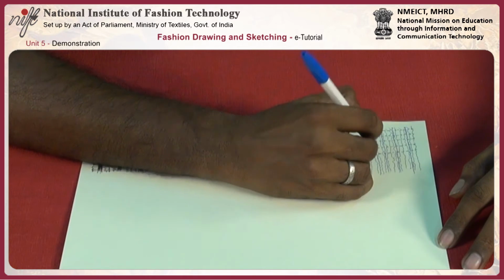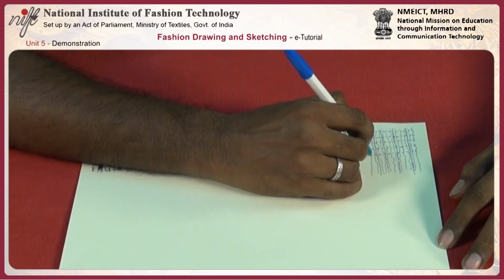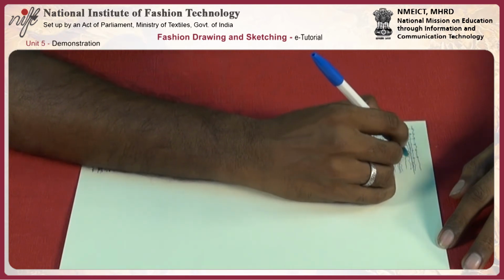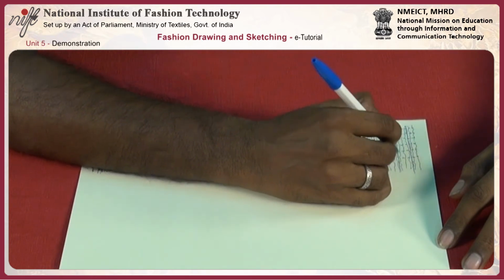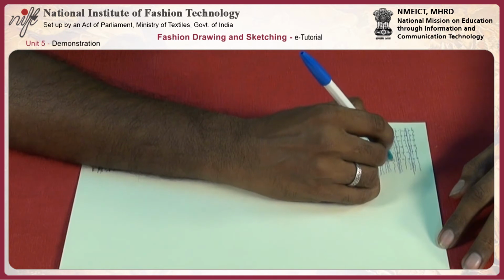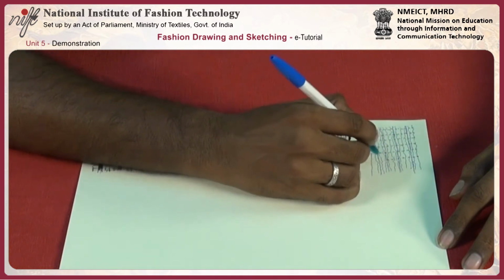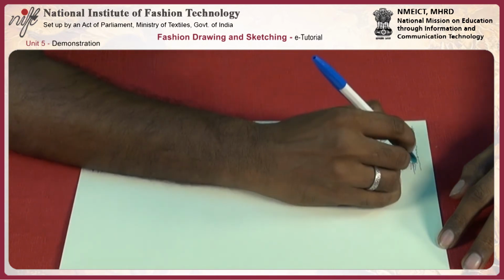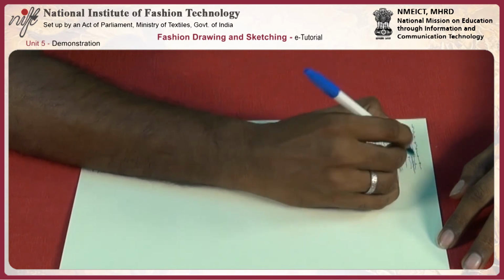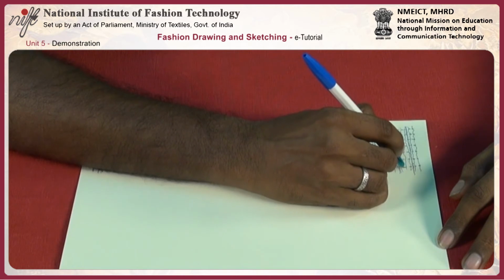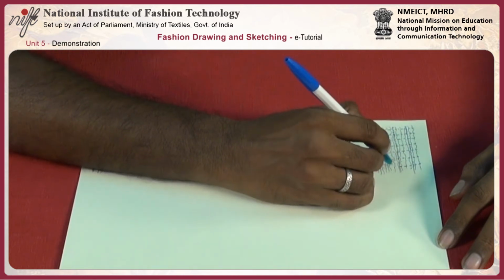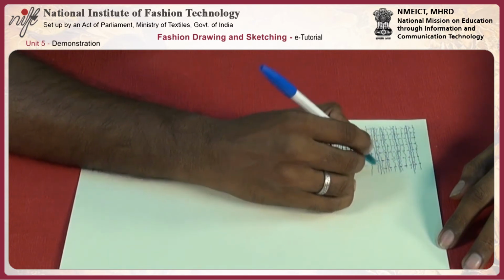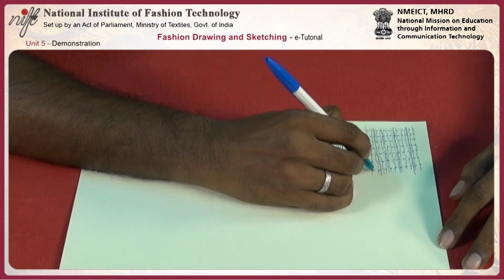So the viewer can now visualize a fabric according to the lines that I have drawn. Watch the movement of the pen in a very subtle manner, which creates the required texture.